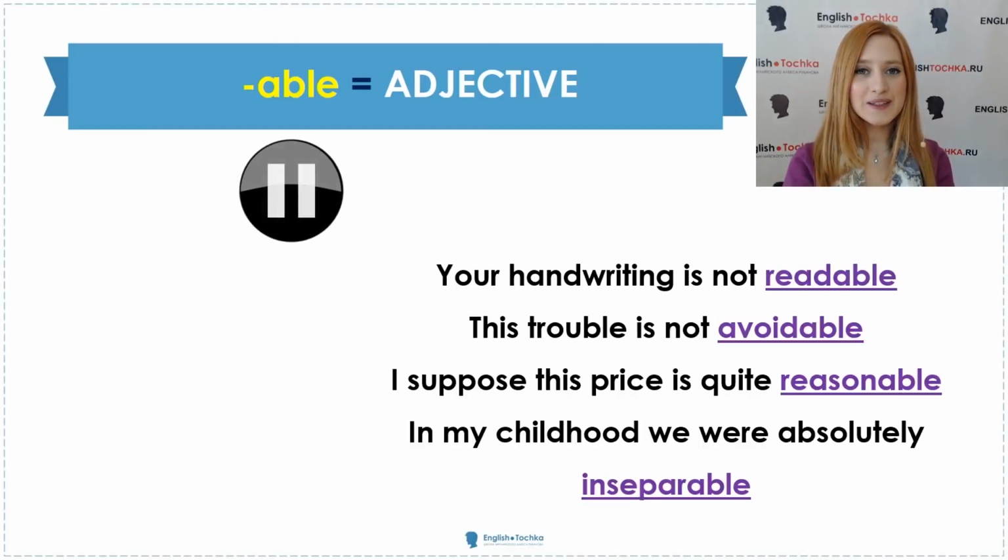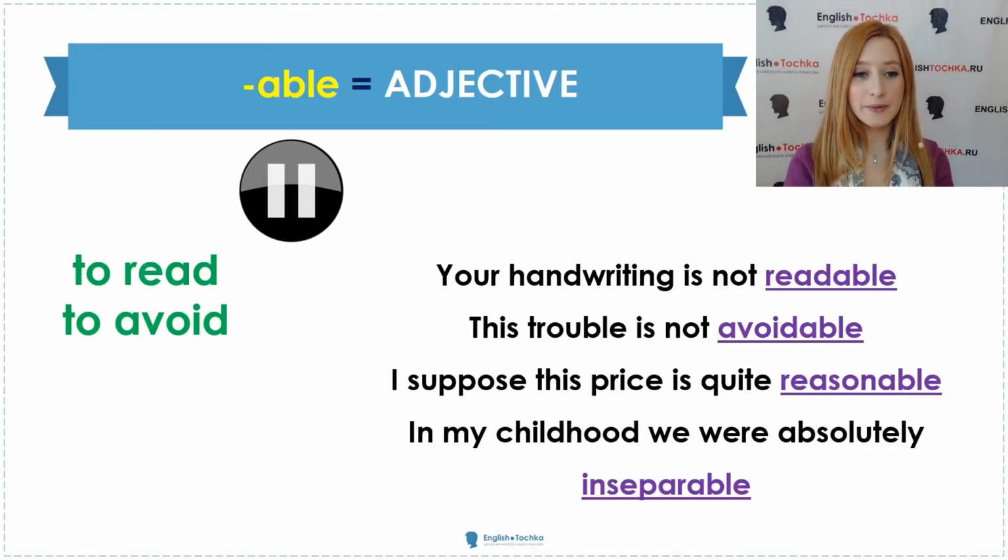Alright? So please guys, click to pause the video and try to guess what the rest of the verbs were. Okay, let's discuss it. To read, we have already talked about that. To avoid: if we avoid something, it means that we don't want to do that, and we try to get rid of it. To avoid a problem. Reason: to reason and a reason can be a verb as well.